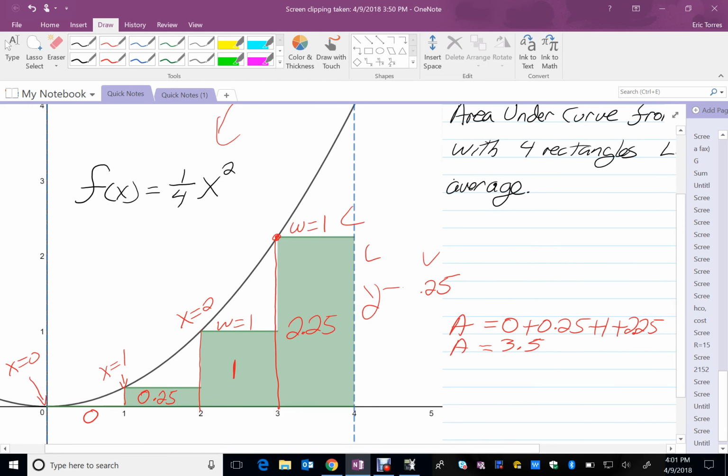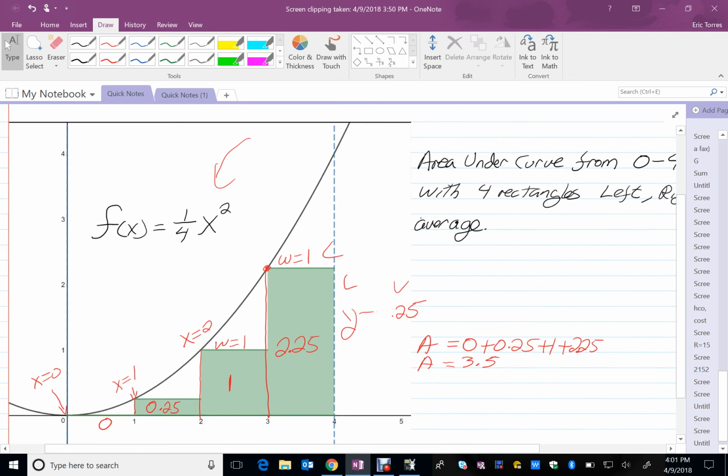So let's take a look at what those rectangles would look like. And I'm going to make them in blue. So when I connect it on the right-hand side, my rectangles are larger.